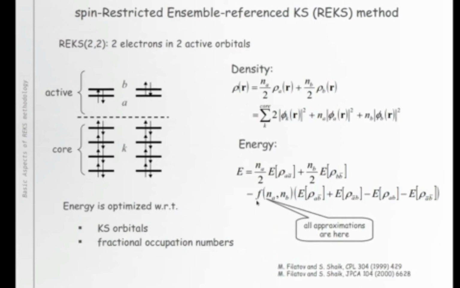I want to interpolate between the limit of strong non-dynamic correlation, say maximally strong, which leads to equal occupation numbers of orbitals A and B, 1 and 1, and the limit of very weak or negligible non-dynamic correlation, where A becomes 2 and B 0. That was important for eliminating any double counting. I can show it in some examples.